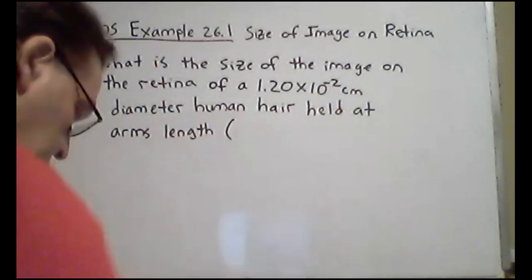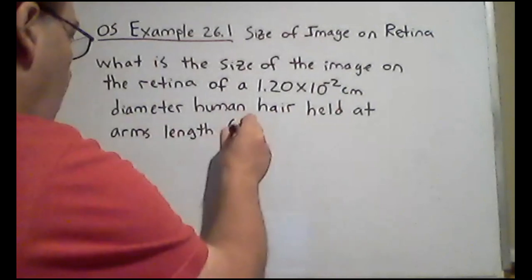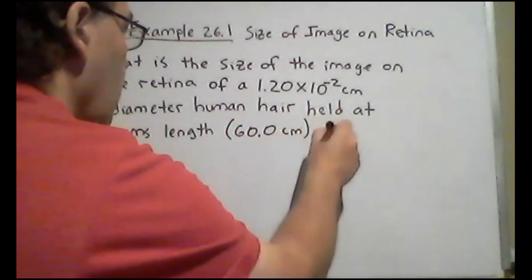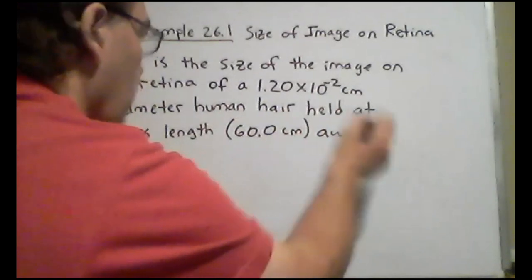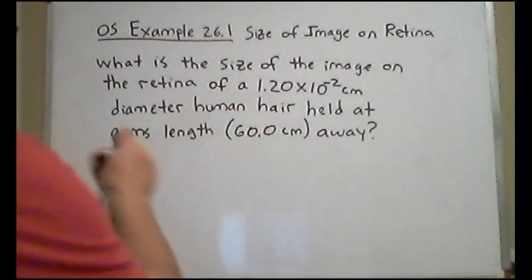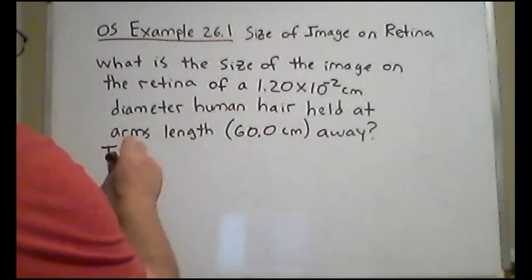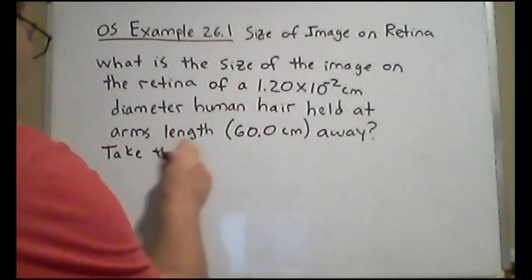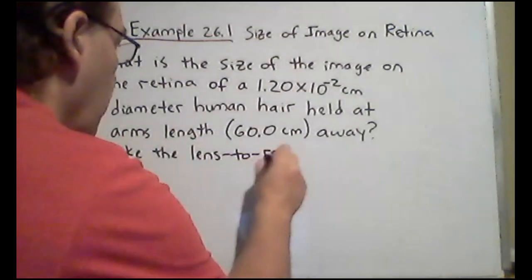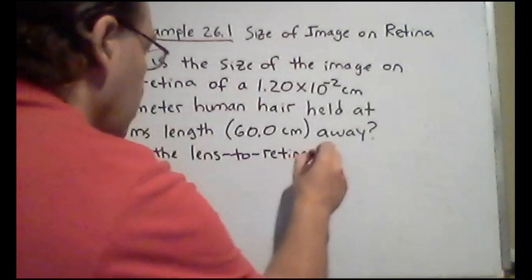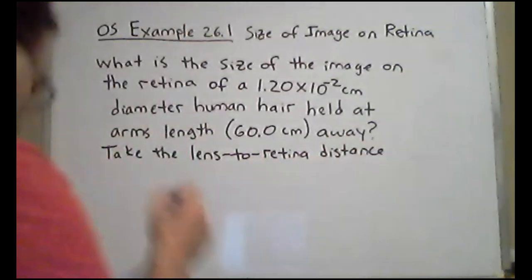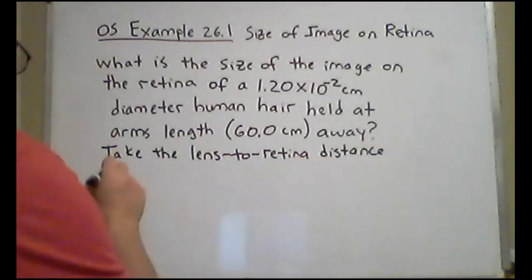We're taking that to be about 60 centimeters away. Take the lens to retina distance to be 2.00 centimeters.